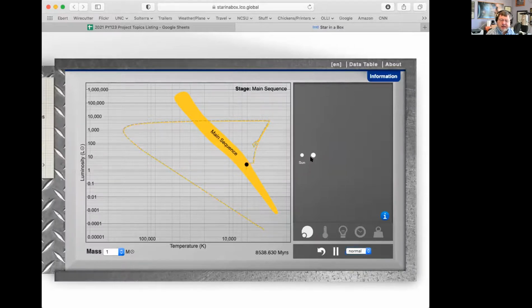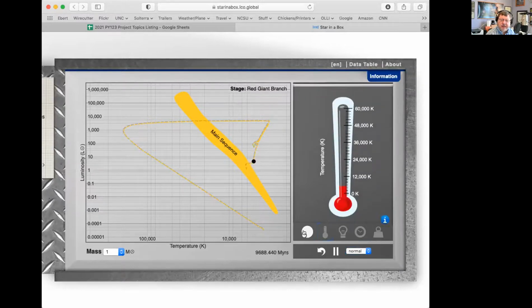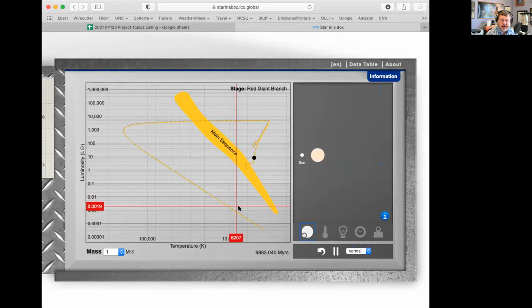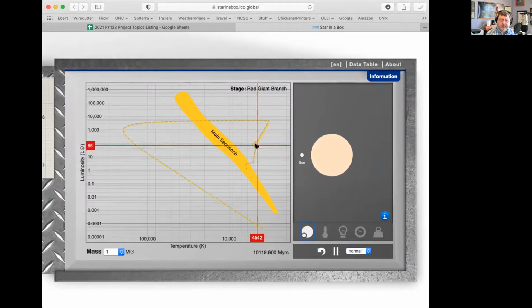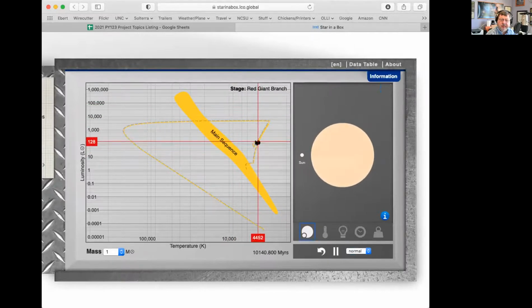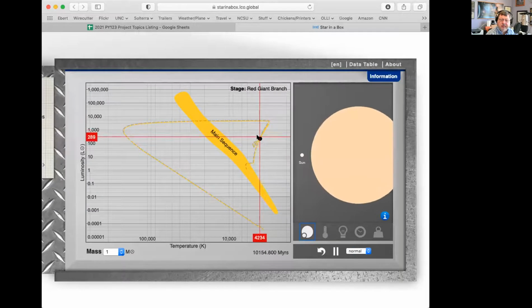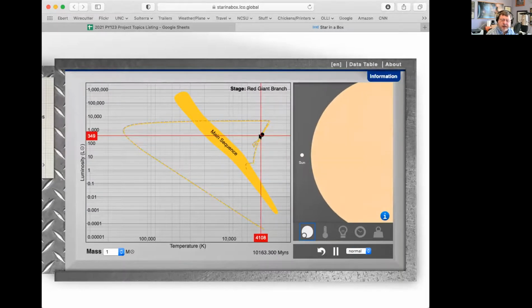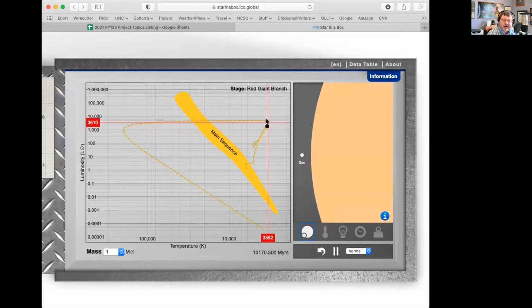Here's the size of the sun. Here's the temperature. You can see the temperature here, over there, and you can see the brightness there. You can see it's getting really, really bright and really, really big. Here's about where it eats the Earth.